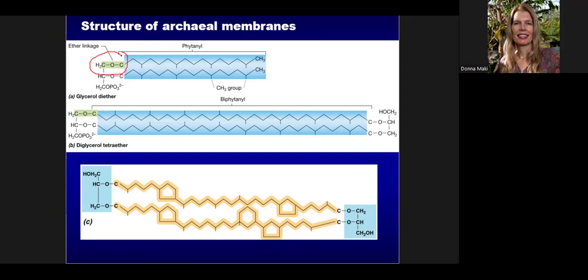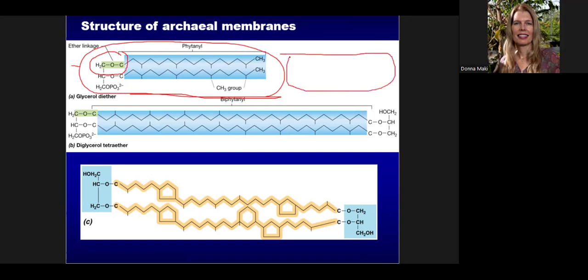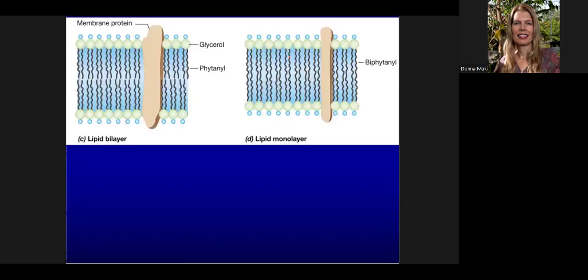And what you can see here is this top picture, figure A. You have to imagine now another one of these whole things is right over here, like in a mirror image. So similar to how we have our bilayer membrane, look at this. This is a mirror image to this, right?